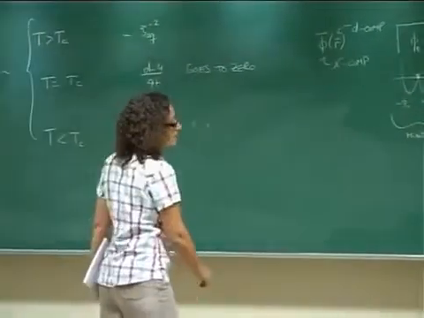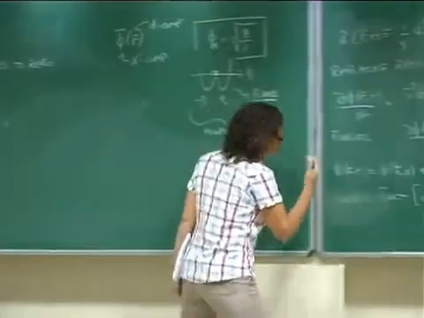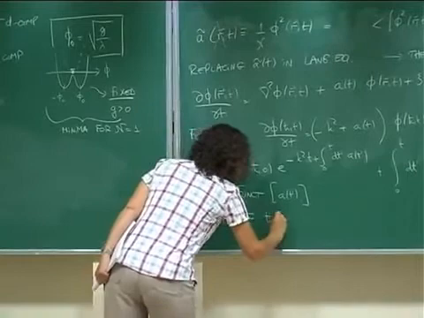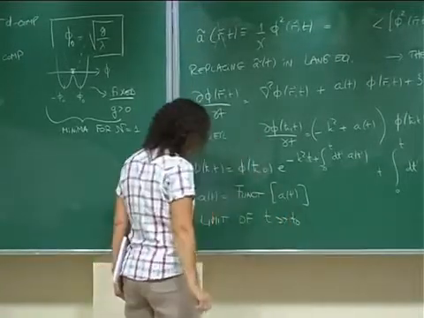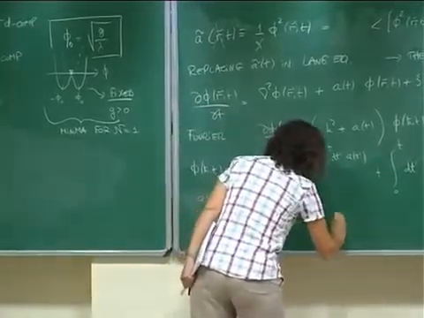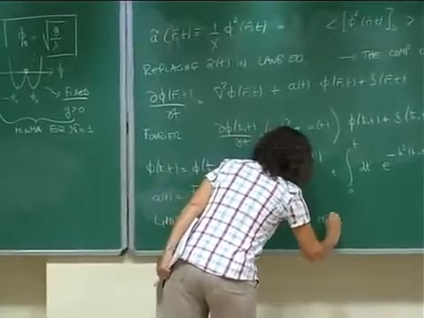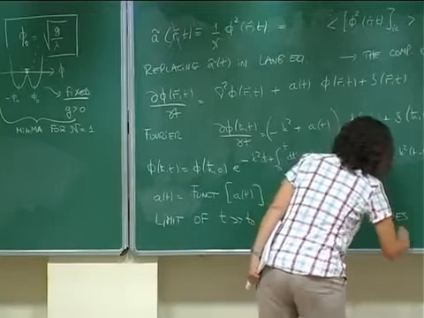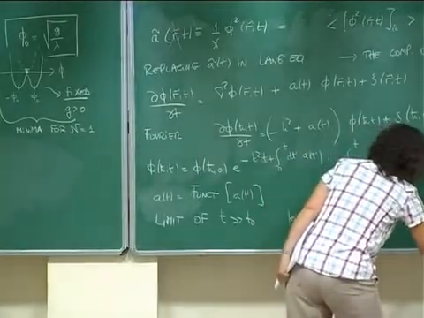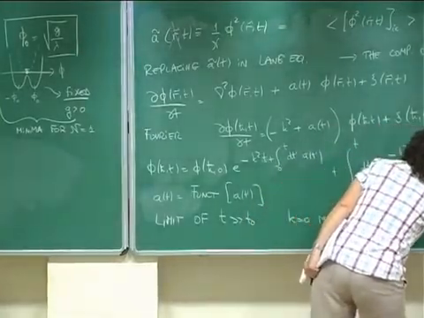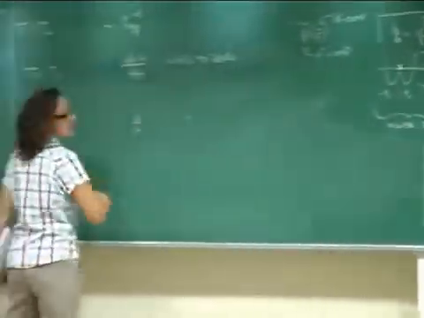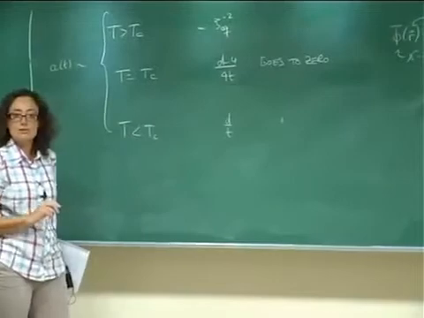So in the limit of long times, and this is the key point, t much longer than some microscopic timescale, the k equals 0 mode diffuses. And this is at Tc and below Tc. The way in which it does is different, but both of them tend to diffuse.